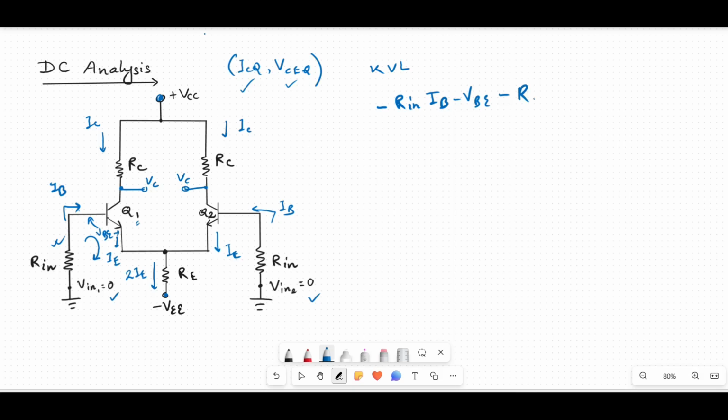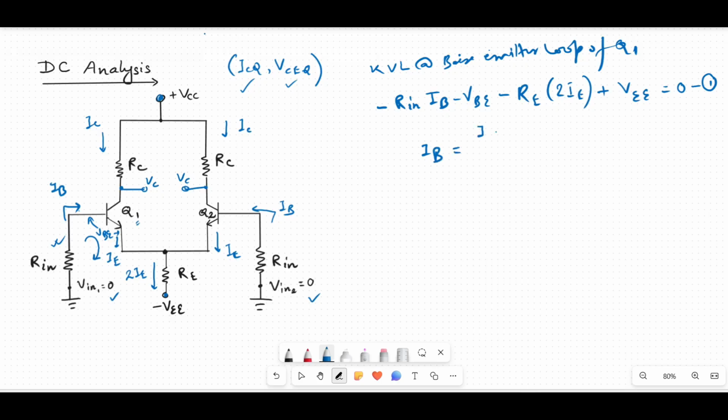So across RE, the potential drop is RE times IE. Then at the end we have minus VE, so it is plus VE equals 0. So this is the KVL across the input base emitter loop of Q1.